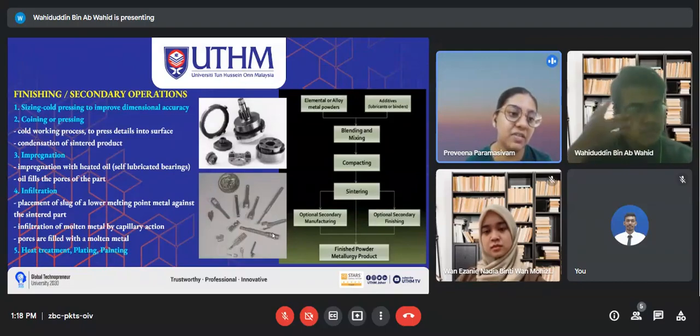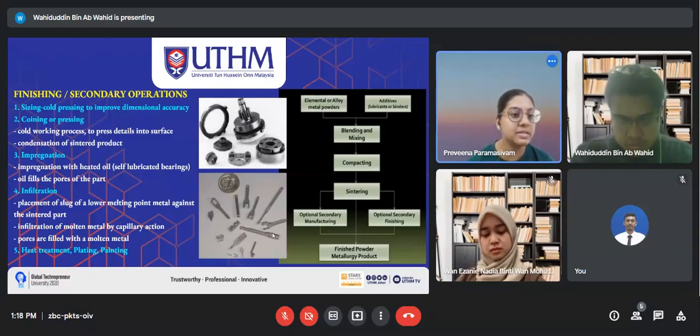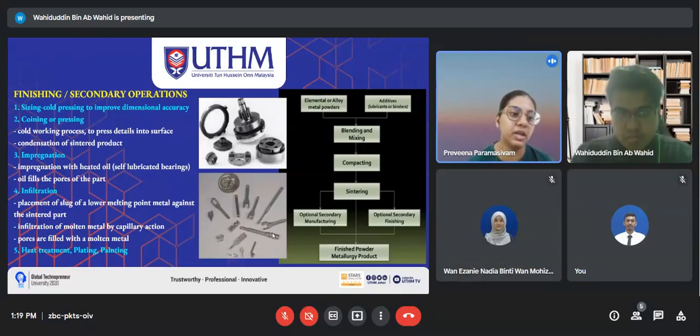The finishing and secondary operations are the processes which come after the sintering process. These consist of sizing, cold pressing to improve the dimensional accuracy, and coining or pressing, which is done as a cold working process to press details into the surface of sintered products like coins. There is also impregnation with heated oil for self-lubricated bearings, where oil fills the pores of the part.